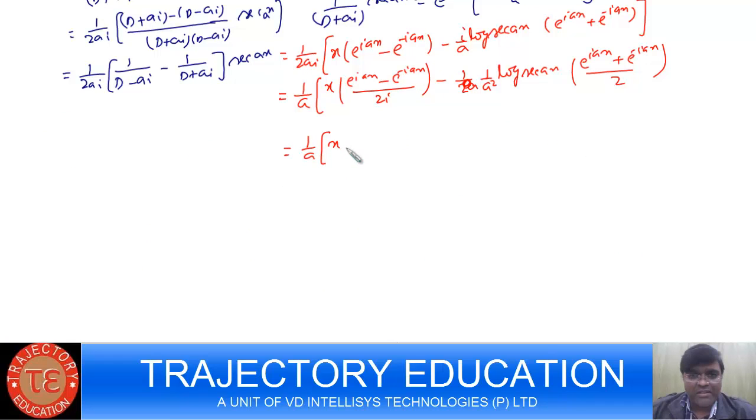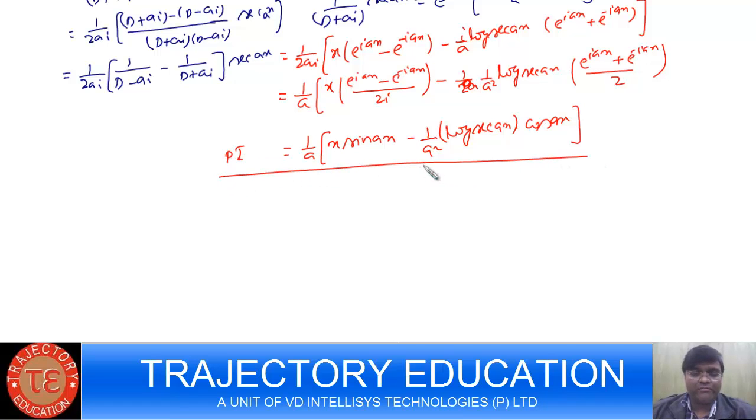So this will come as (1/a) x sin ax, and (1/a²) log sec ax times cos ax. Alright, so this is going to be the particular integral.